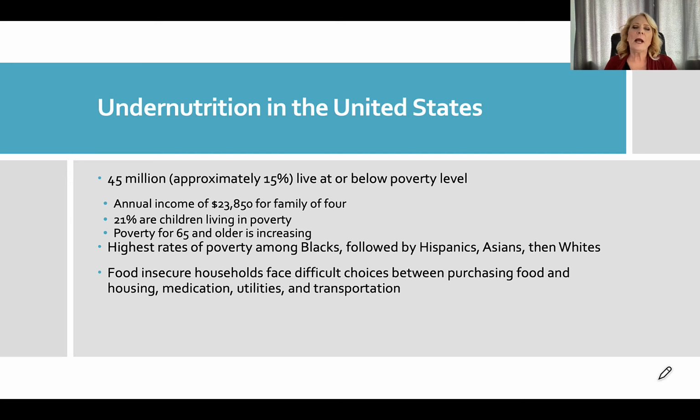Food insecure households face difficult choices between purchasing food and housing or paying for medication, utilities, or transportation. It's kind of interesting because when you're poor, and I can tell you I grew up poor, my family was extremely poor, and it took a long time for me to work my way out of poverty.